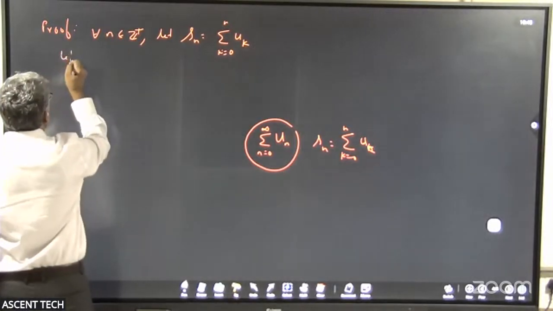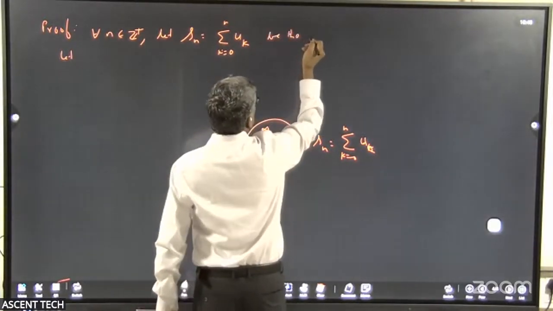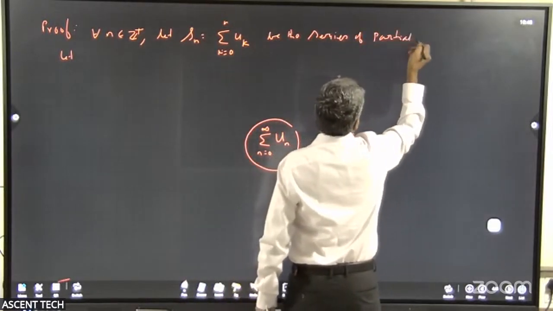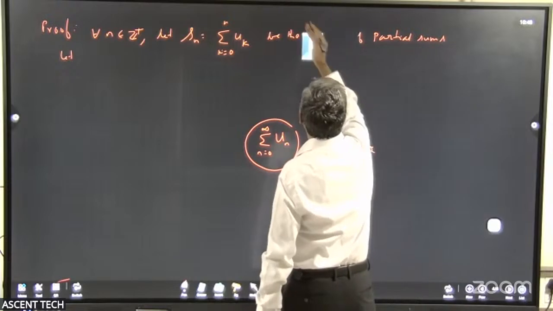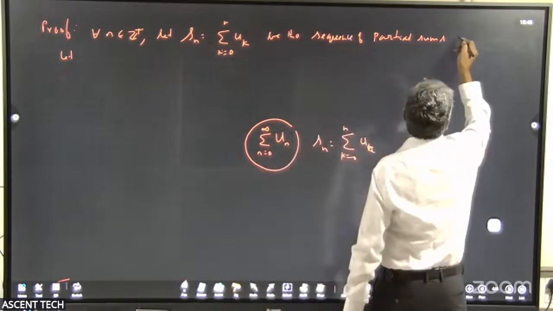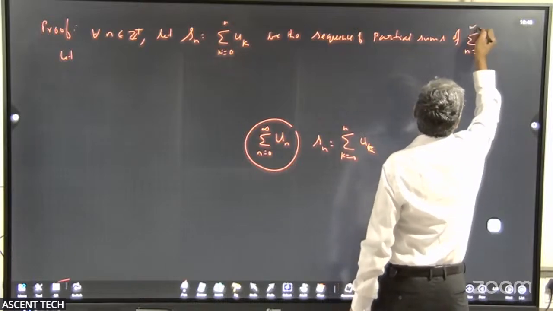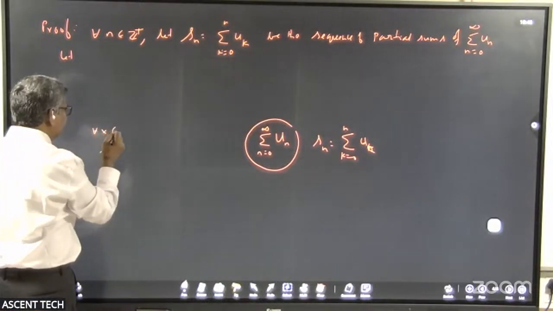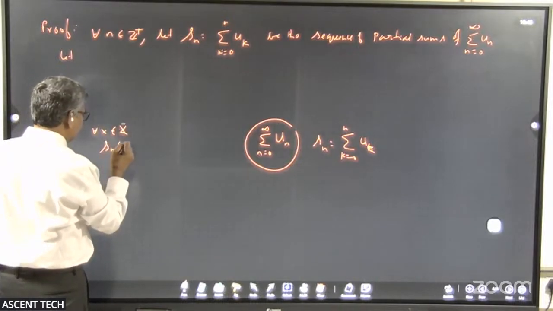Let this be the sequence of partial sums. First of all, the way I will show it is that for each x, Sn(x) is Cauchy.